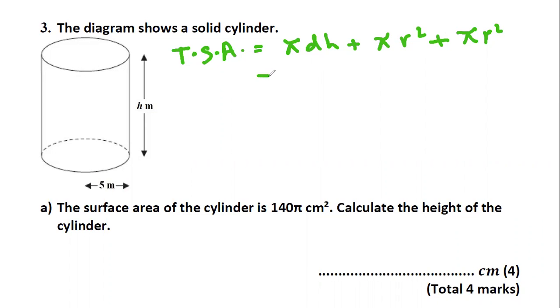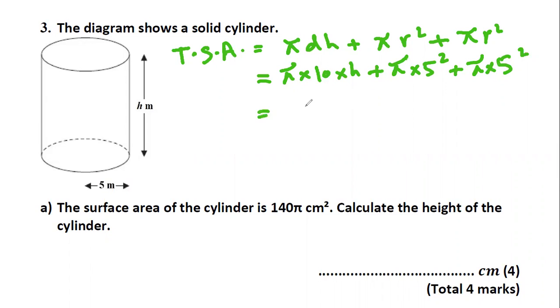That's why what we can do is substitute these values in. So pi times 10 times h plus pi times 5 squared plus pi times 5 squared. And this will give me 10 pi h plus 25 pi plus 25 pi.